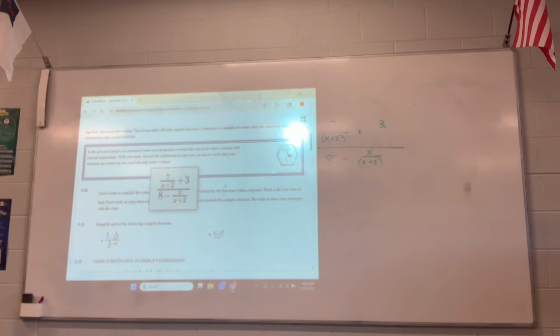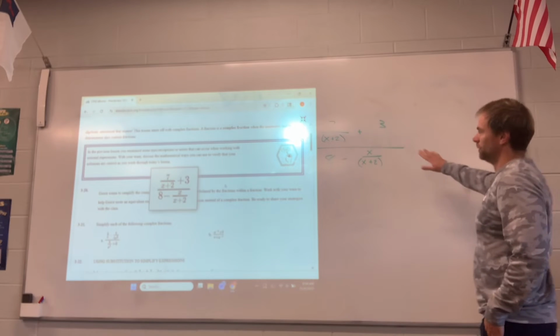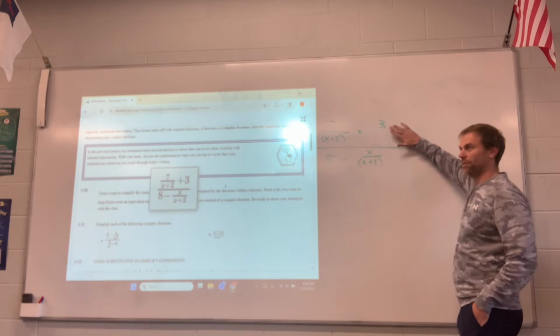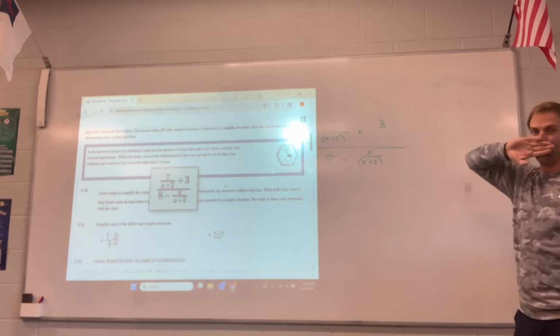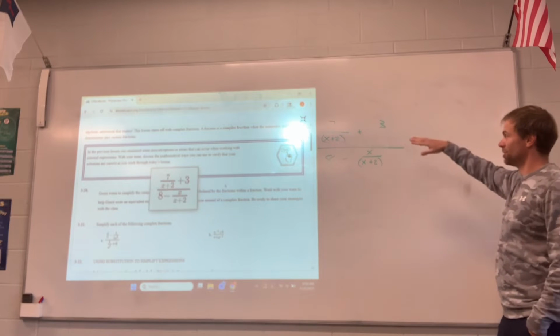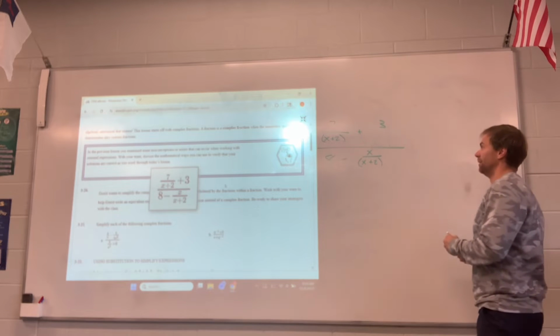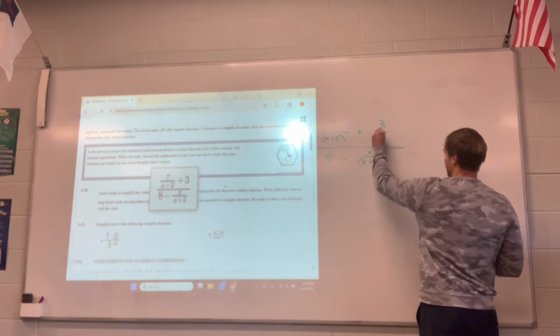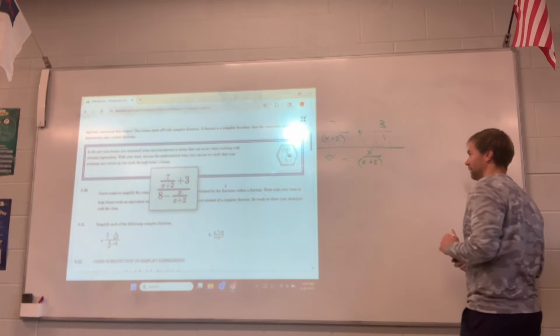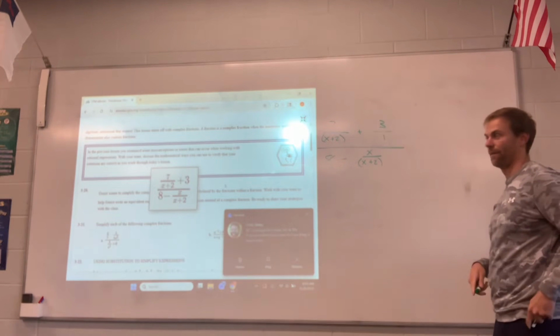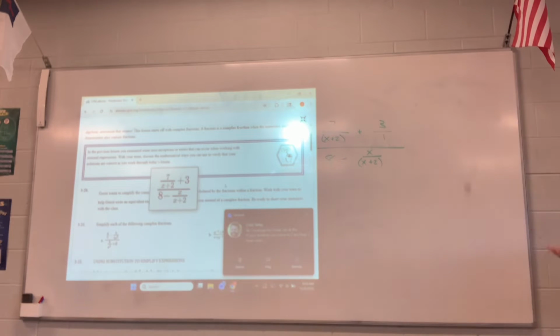So in order to do this, what would we have to do? Just the numerator. What would we have to do? Yeah, so common denominator, right?